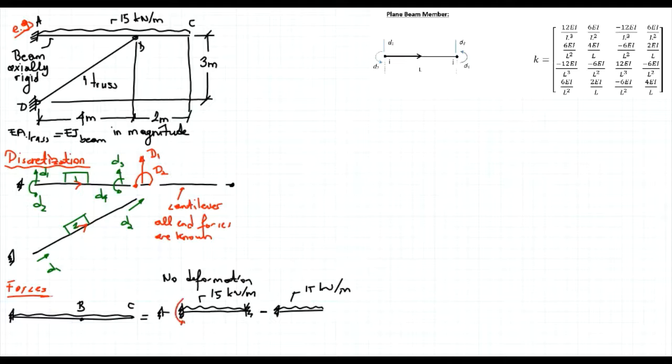So this is 20, the shear force, this is 30, this is 30, and for the cantilever, that moment is 15 times 2 is the total force, and the moment arm is 1, so this moment will be equal to 30, and the vertical force is also equal to 30 kilonewtons.